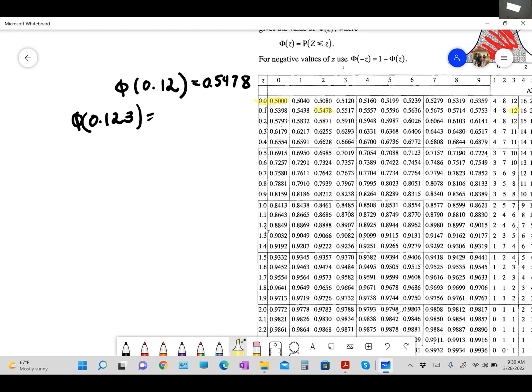You see it? And so now it's 0.5478 plus 0.0012. So in order to do phi of 0.123, you have to take 0.5478 and add 0.0012.